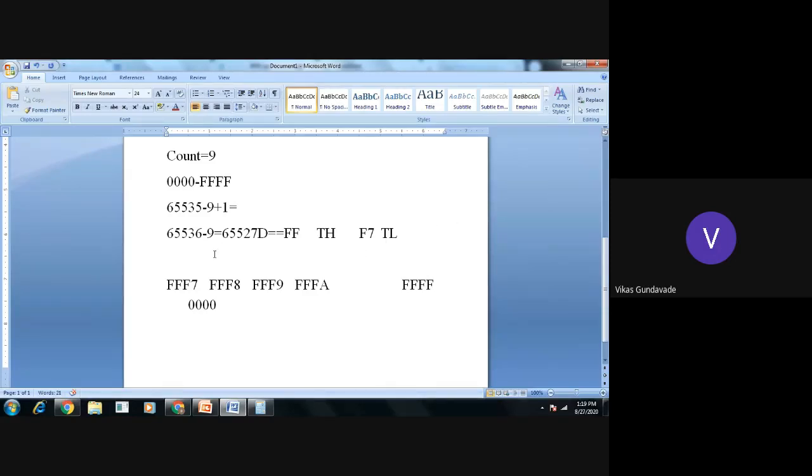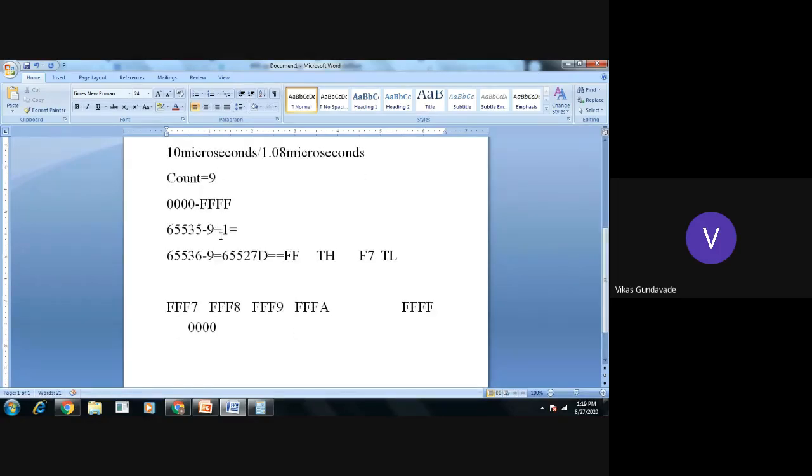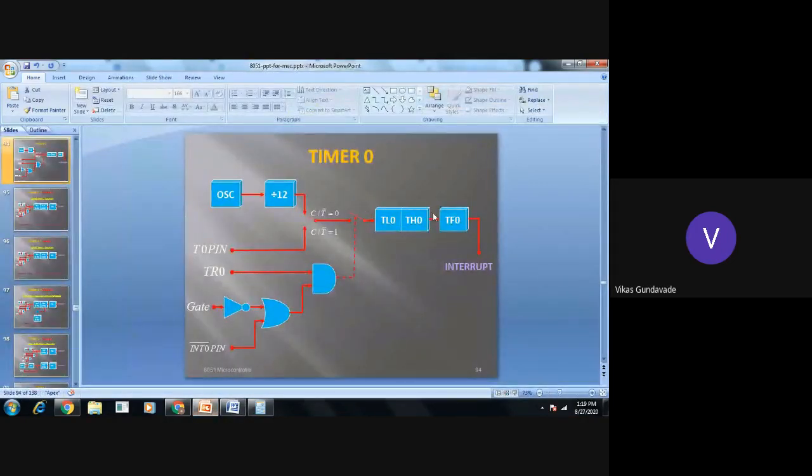Everyone got it? That's why whatever count we get here, that count will get subtracted from the maximum count or highest count, and whatever count remains is loaded into the TH and TL registers of the timer. Because it is auto incrementing, it is not decrementing.